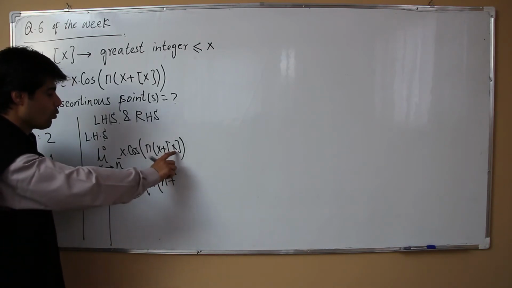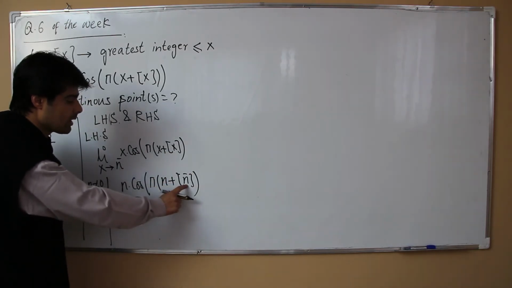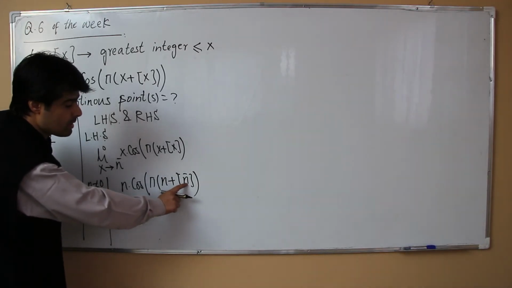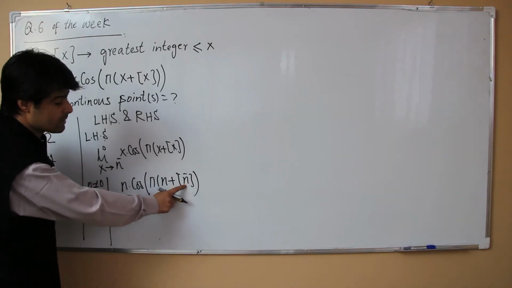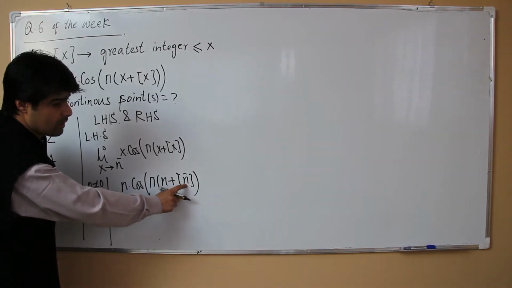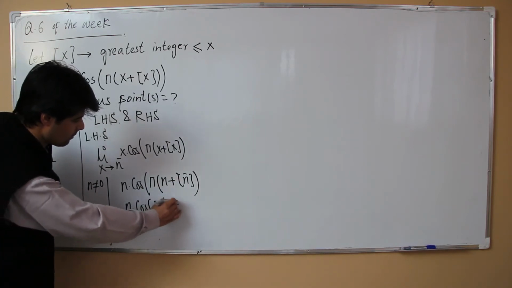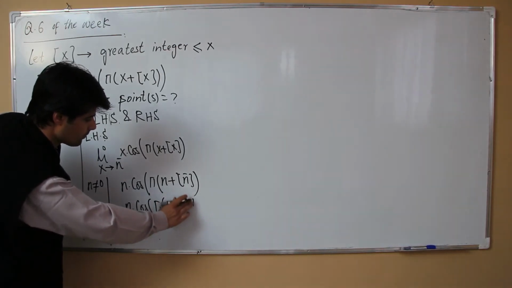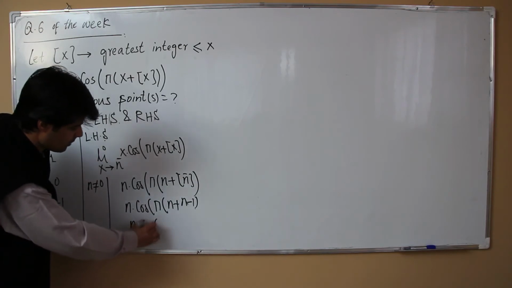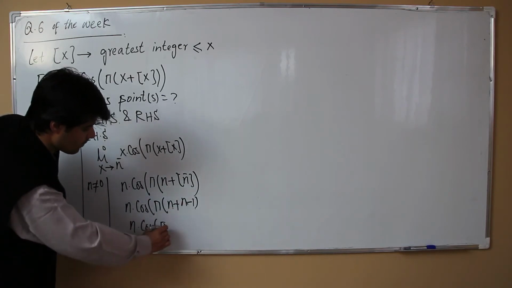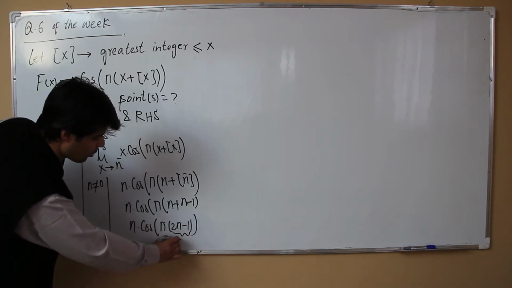But the integer function of something smaller than n is n minus 1. So we have n cosine of pi times (n minus 1). Now what do you think? It's an odd number.